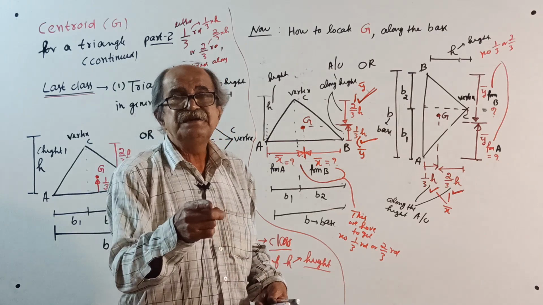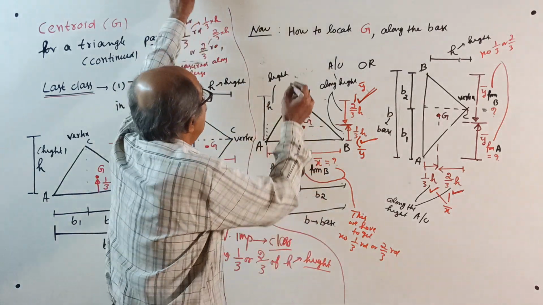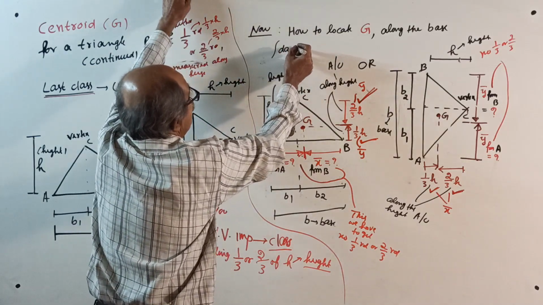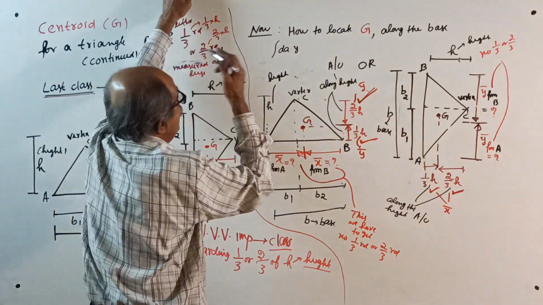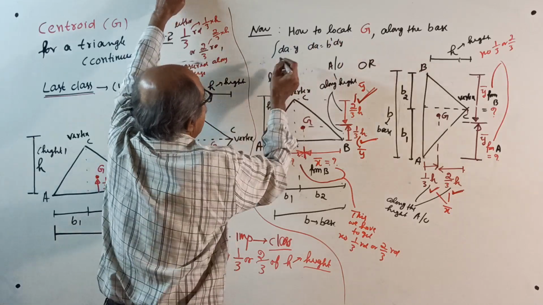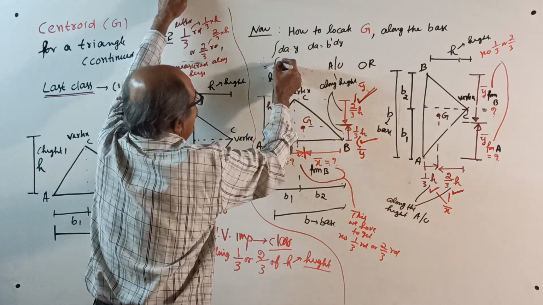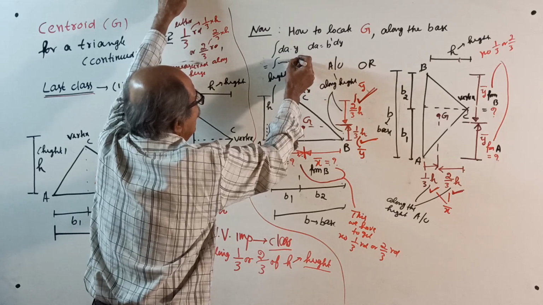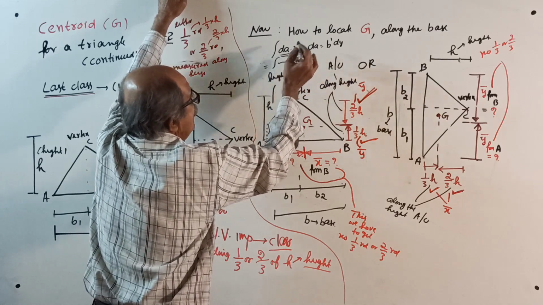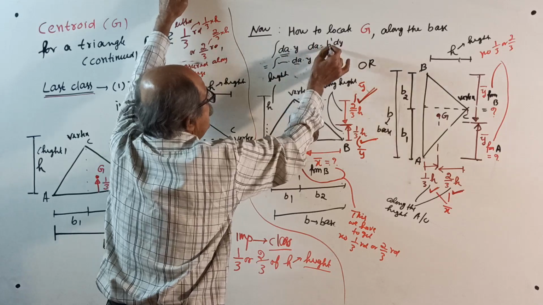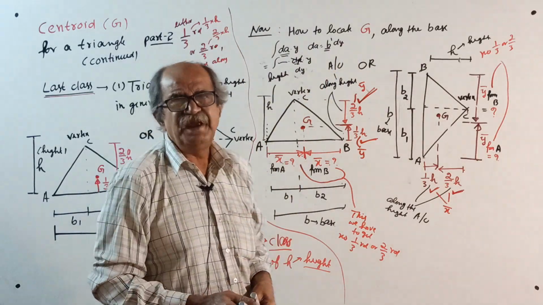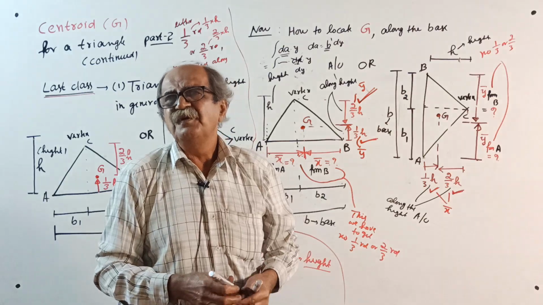And one thing, in yesterday's class, in the integration of dA, the second law, I wrote dA into y. There, our dA was b dash into dy. Then I substituted integration of b dash into, by mistake, I wrote dA and then y. Actually, when you write dA in terms of b dash, dA equals b dash into dy, it should be dy, not dA. That is called an oversight, not a mistake.